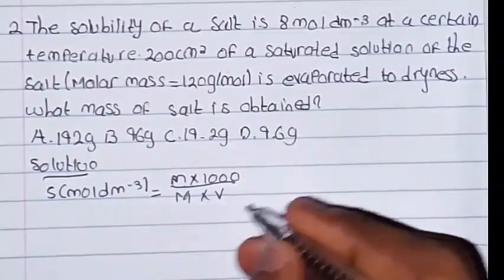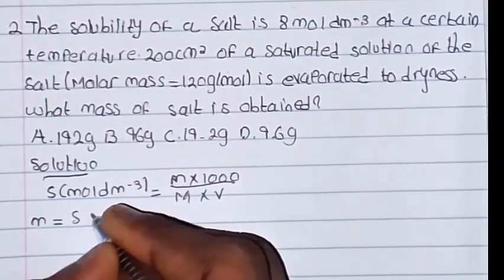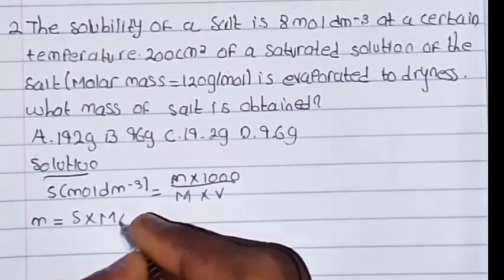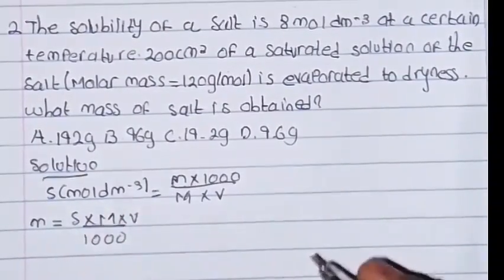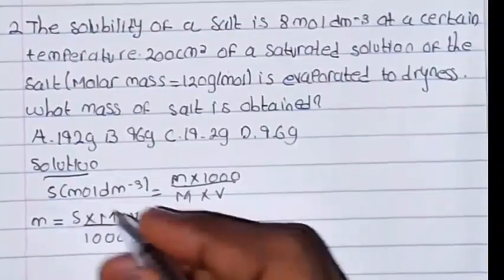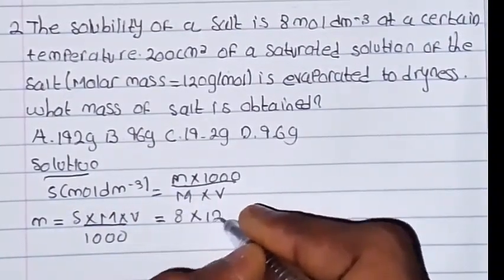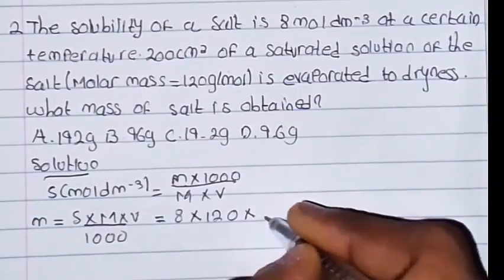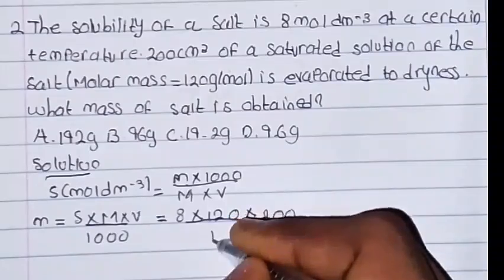So m becomes S times M times V over 1000. We don't need to repeat our values. S is solubility, given as 8, molar mass was given as 120, volume was given as 200, and of course 1000. We're going to evaluate this one without the calculator.